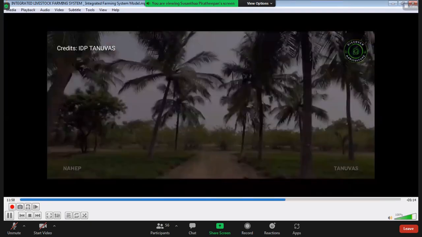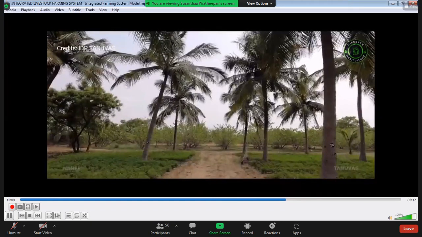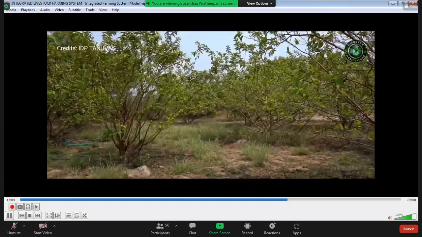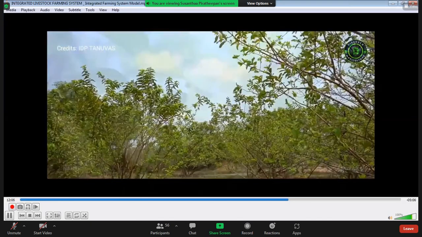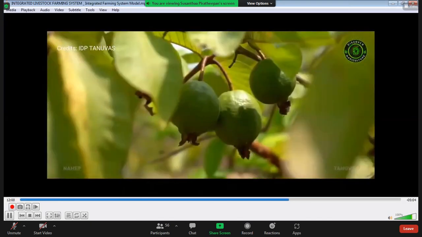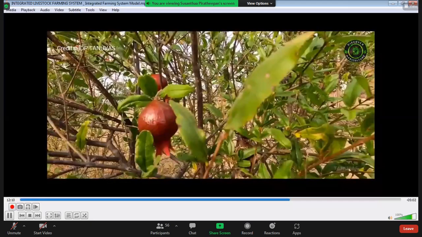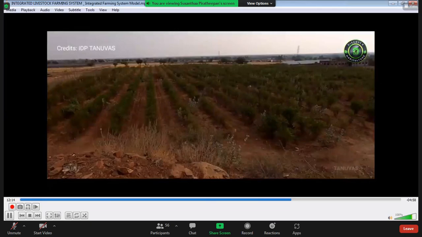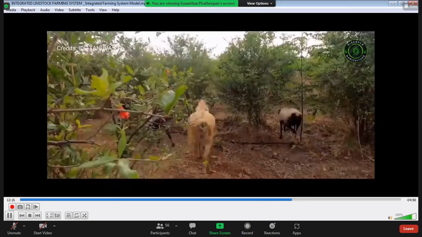An agroforestry model shall be established in 1 acre of land. The earmarked land may be planted with fruit trees like guava, sapota, pomegranate, with spacing of 10 by 10 meter on the boundaries and earmarked areas under drip irrigation.